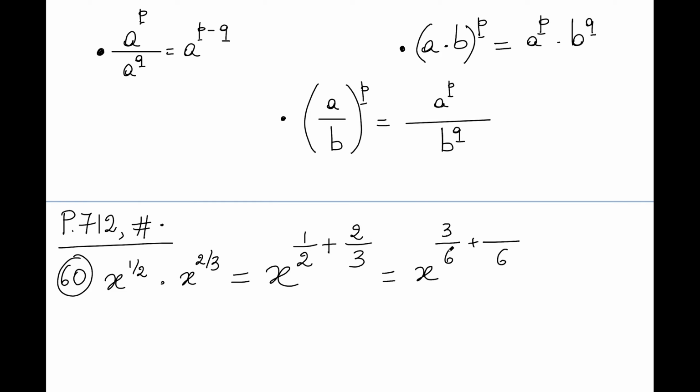And 2/3 can be written as something over 6, so multiply by 2 upstairs and downstairs and get 4/6. So 1/2 plus 2/3 is the same as 3/6 plus 4/6. And since they have a common denominator now, I can glue them together and get 7/6. Okay.